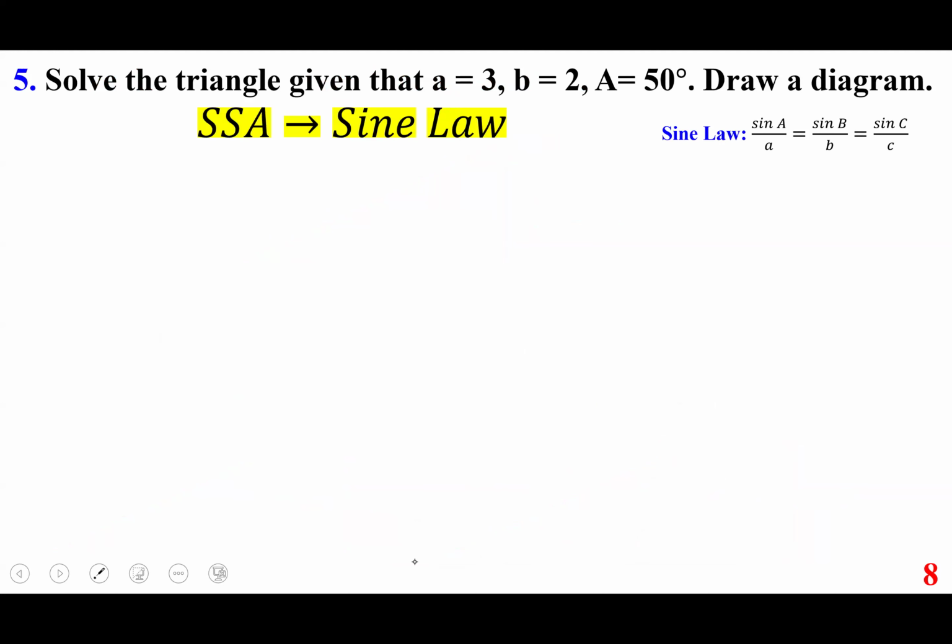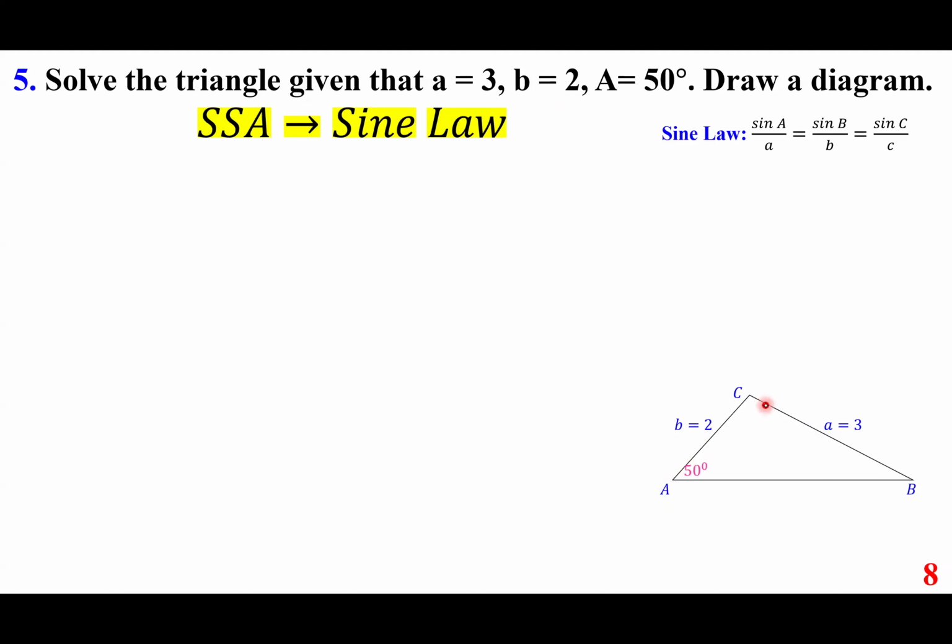All right, now we are given a equals 3, b equals 2, A equals 50 degrees. Draw a diagram. So roughly you throw in the numbers into some oblique triangle. Just make it somewhat reasonable, meaning in this case, b is 2, a is 3, so a is larger than 2, and A is 50 degrees.